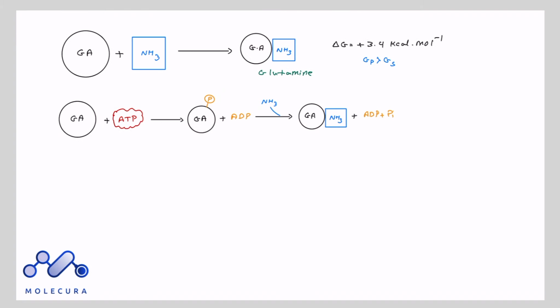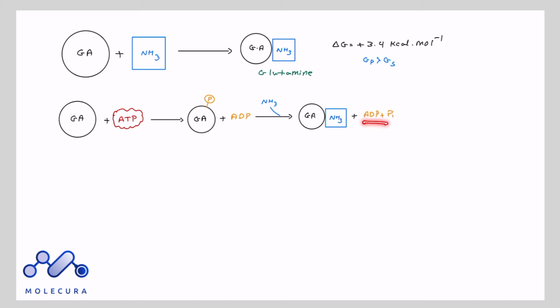So now we have taken this reaction and broken it down into two pieces. The first piece is when the glutamic acid reacts with ATP, there will be an intermediate which is glutamic acid plus phosphate plus ADP.